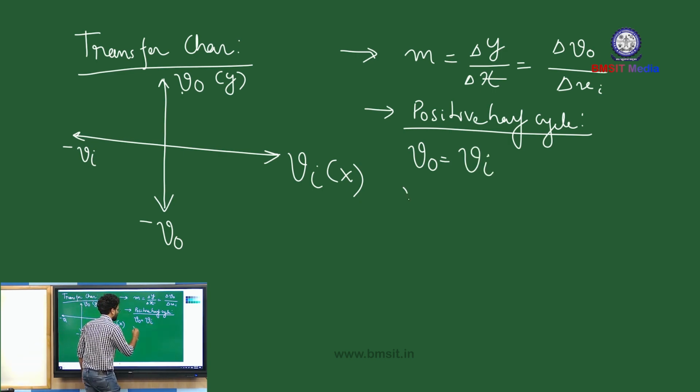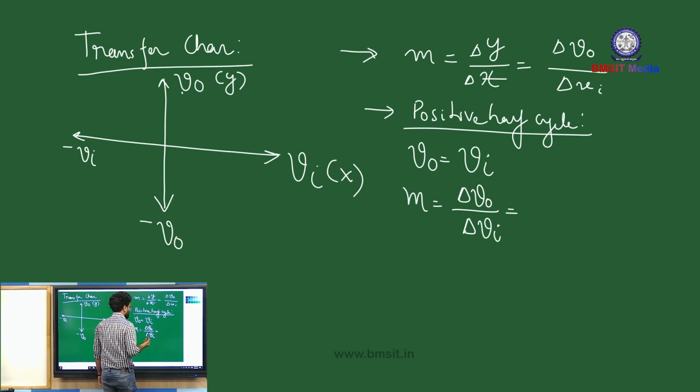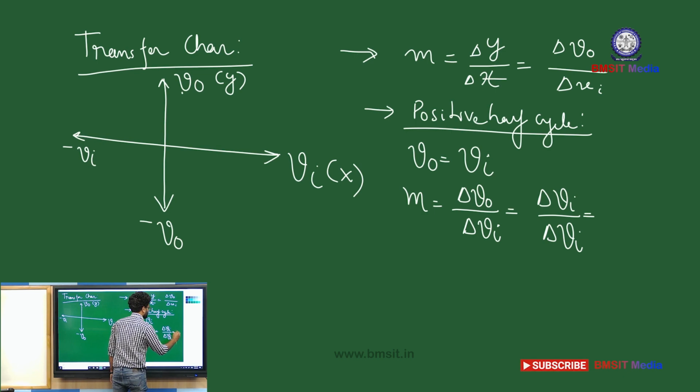So what will happen to the slope? M is equal to delta V0 by delta Vi. Your output is equal to input, so delta Vi by delta Vi is equal to 1. So for the positive half cycle, slope is 1.